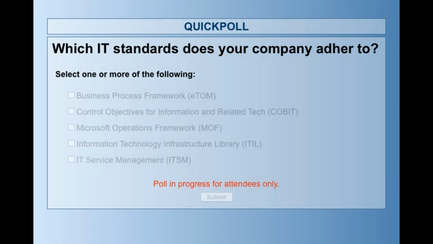And those could be ones that your company says, hey, we absolutely follow COBIT, or we're invested in ITSM, but maybe they don't follow it 100%, or maybe they apply what they can of it. Just pick the ones that you are using, and however you want to define that, as things that you're actually really heavily invested in, or things that you're kind of dabbling in or looking into.